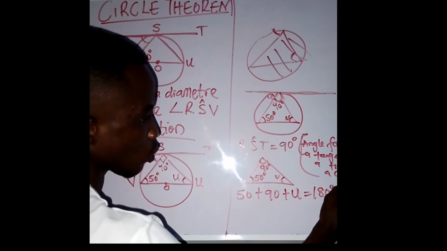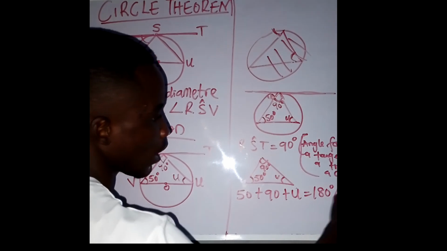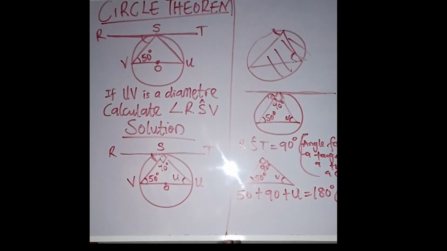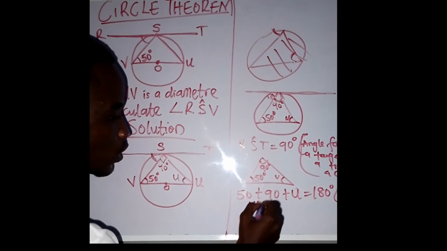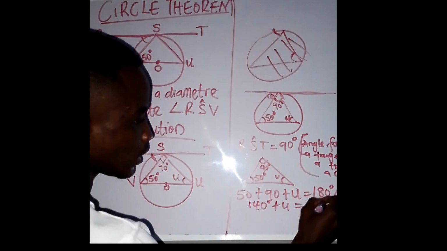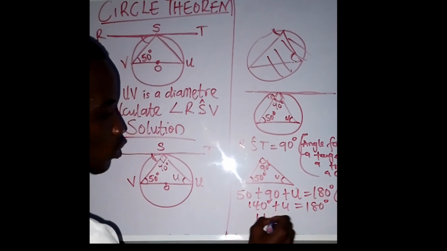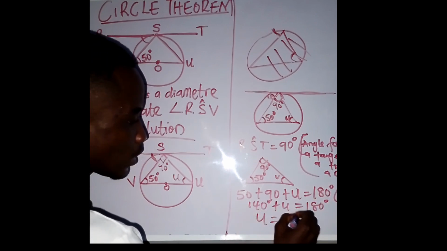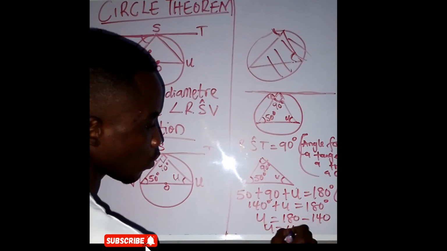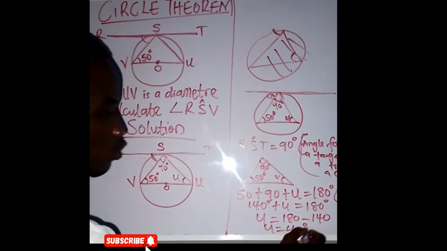What's my rule here? Sum of angles in a triangle. So this is 140 plus U equal to 180 degrees. So my U is equal to 180 minus 140. So my U is equal to 40 degrees.